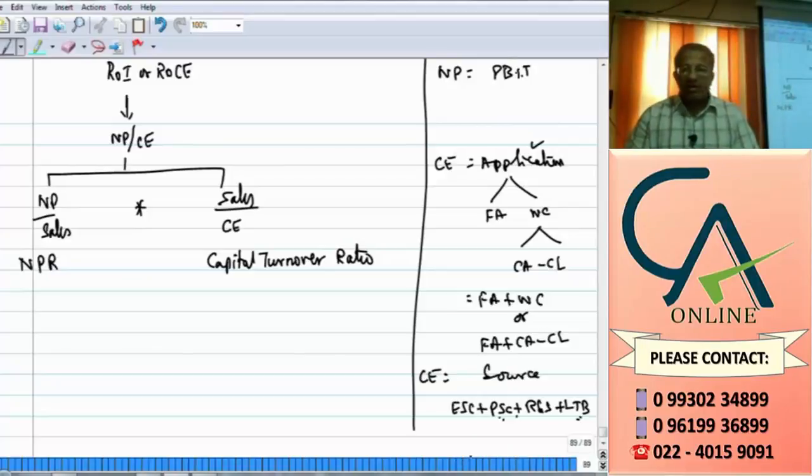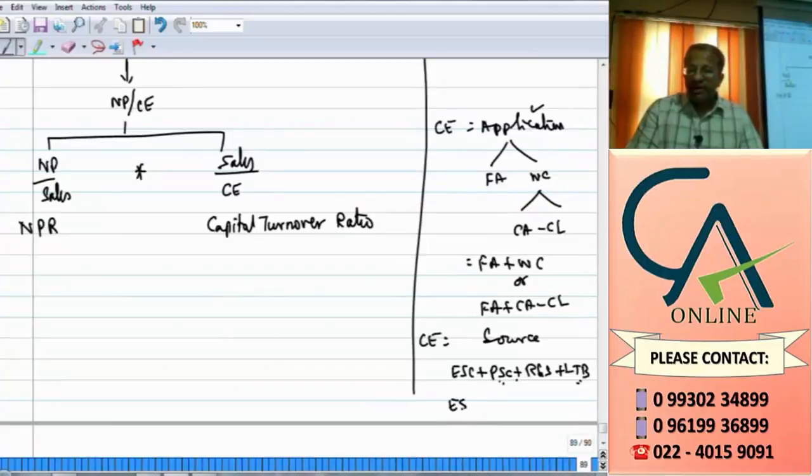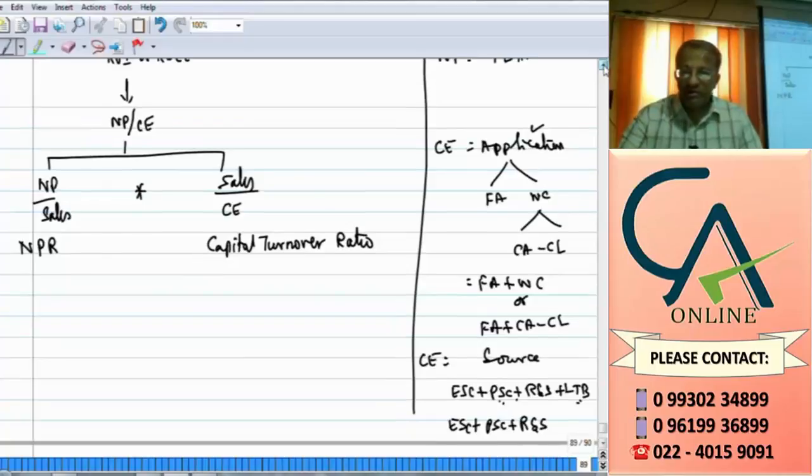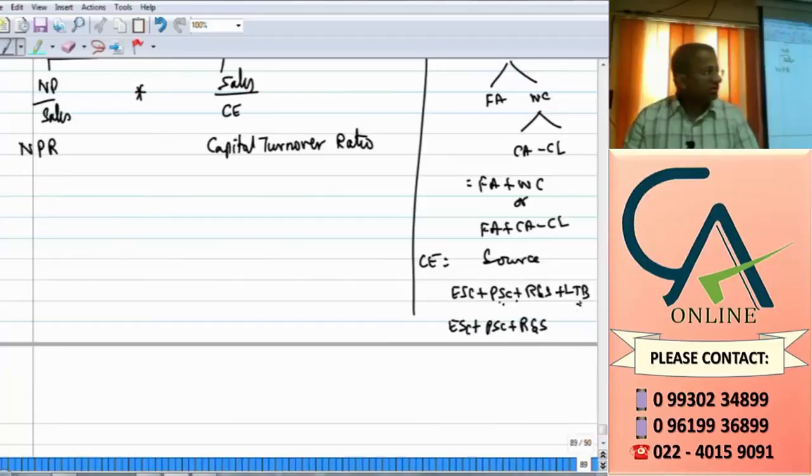Supposing for the sake of argument, it were to be equity share capital plus preference share capital plus reserves and surplus only, with no long-term borrowings, the term net profit would be either profit before taxation or profit after taxation. Why? Because when I have eliminated long-term borrowings, the compensation for long-term borrowing is your interest. That interest should not be there in the net profit.